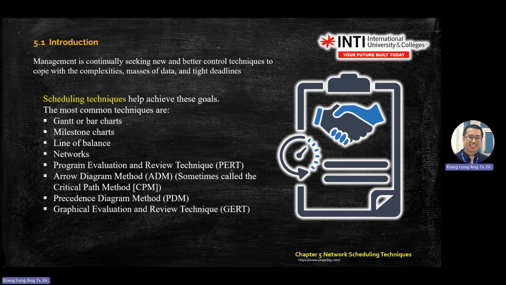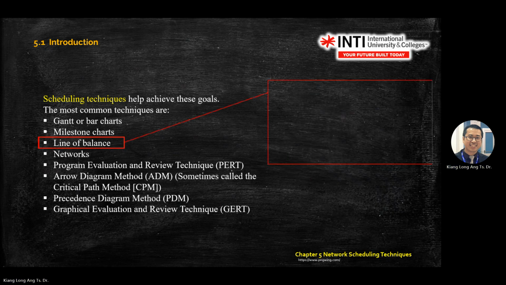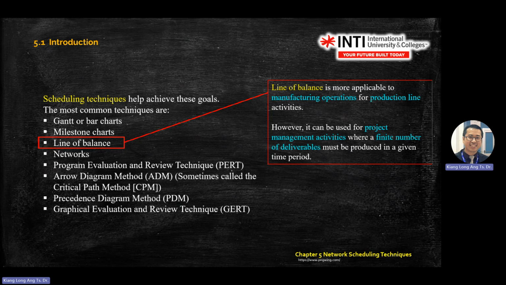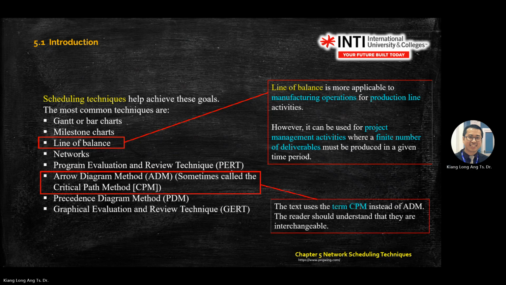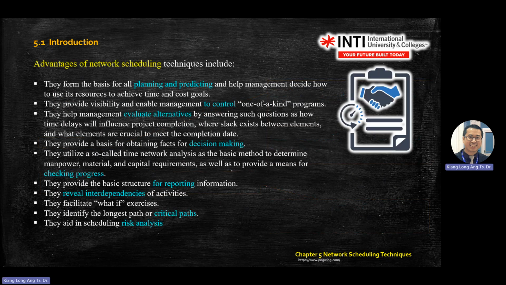Network will have CPM, PERT, and graphical review, which we will introduce later. These are the definitions; line of balance is more for the production floor. The rest you read.